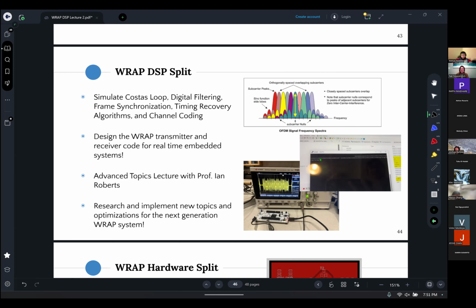The transmitter side is a lot simpler than the receiver side because you don't need any of the fancy tracking algorithms, but it's going to give you a lot of embedded experience and how we actually do these things in the real world. So that's what I'm going to have all of you do if you're interested in the DSP side of RAP.